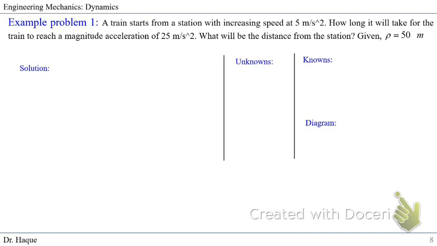Since it says that the train starts from a station and increases its speed at 5 meters per second square, that will be the tangential component. Tangential component, which is given, is 5 meters per second square.